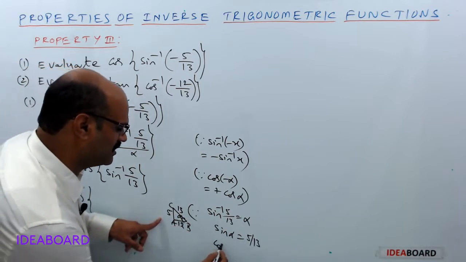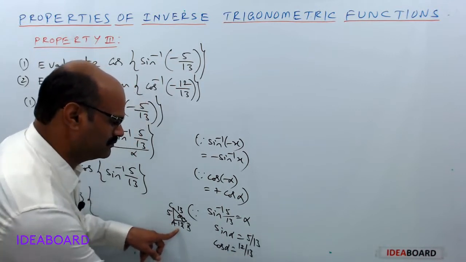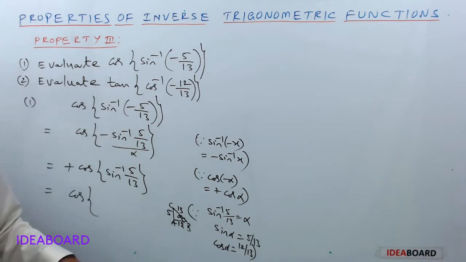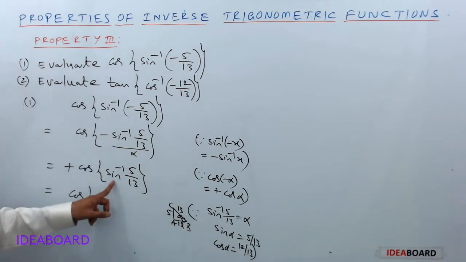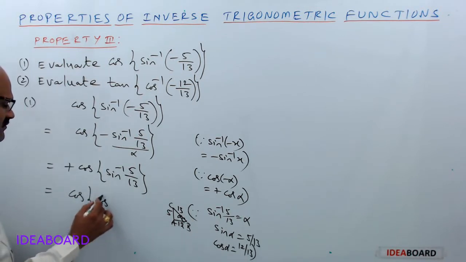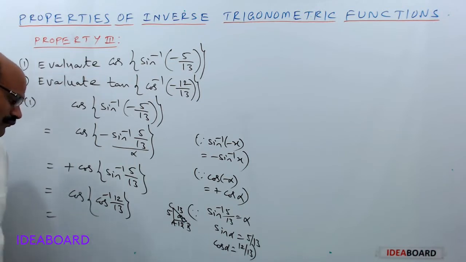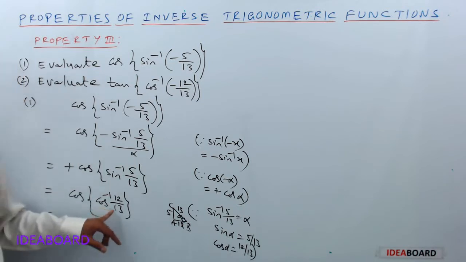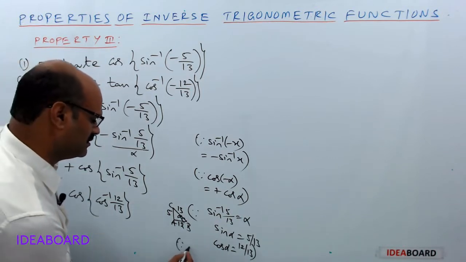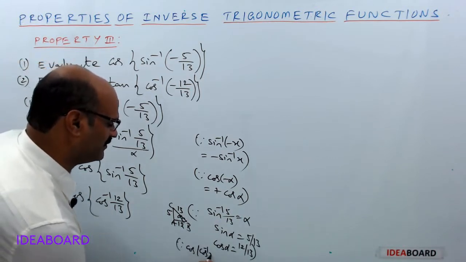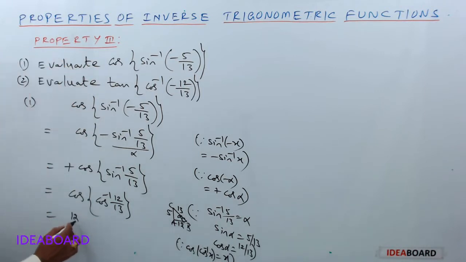So cos alpha equal to 12 by 13, which implies alpha equal to cos inverse of 12 by 13. We know that cos of cos inverse of x is always equal to x, so we can write it as 12 by 13.